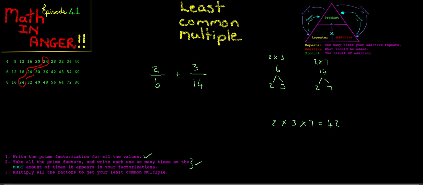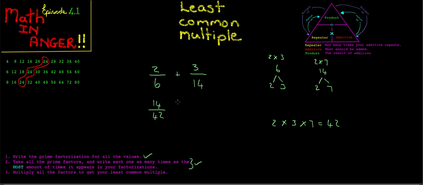So now we can rewrite these fractions. 2/6 is 14 42nds.